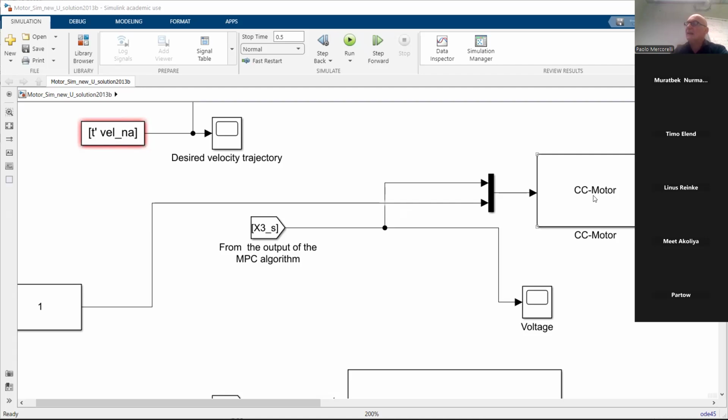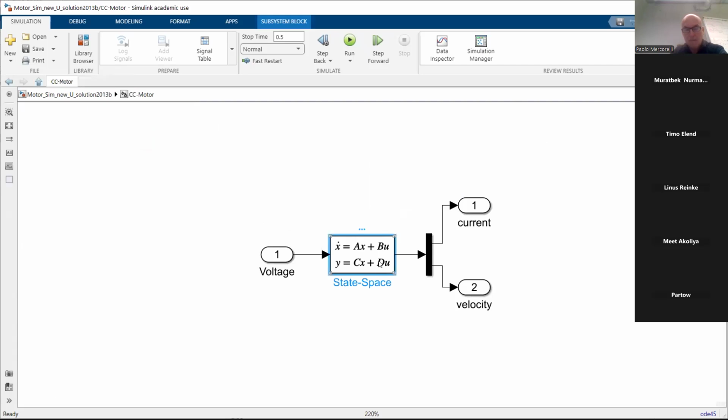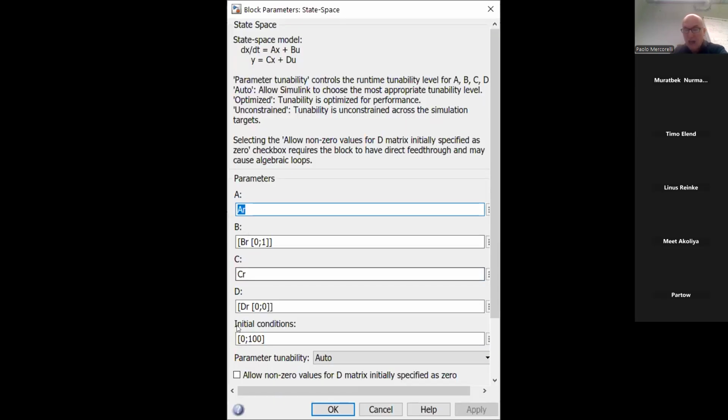The DC motor is characterized here inside, in which we have the matrix A. I don't know if you remember. Let me show you. B and C, which I call BR, CR, D, and so on. We can see that we have also another column in the matrix B because I considered here the disturbance.